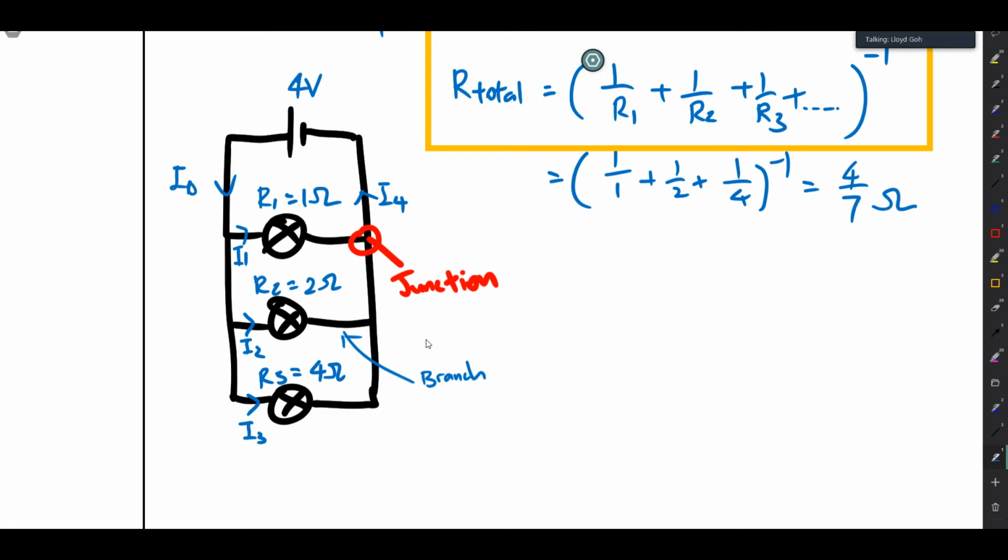This is a recombined junction, where the current recombines. And over here, this junction is a splitting junction. A bit messy, but I think it's okay.